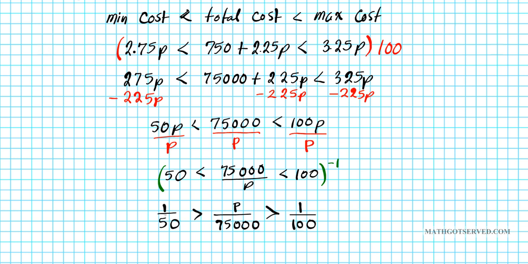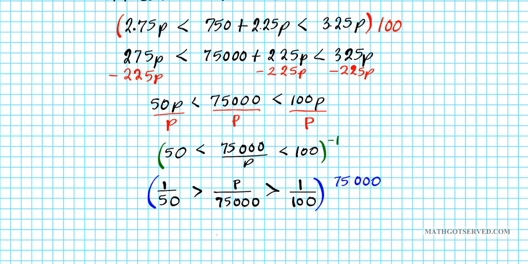So we'll multiply the entire inequality by the denominator value, which is 75,000. Distribute it to every single term: 75,000 over 50. In the middle, it cancels out.